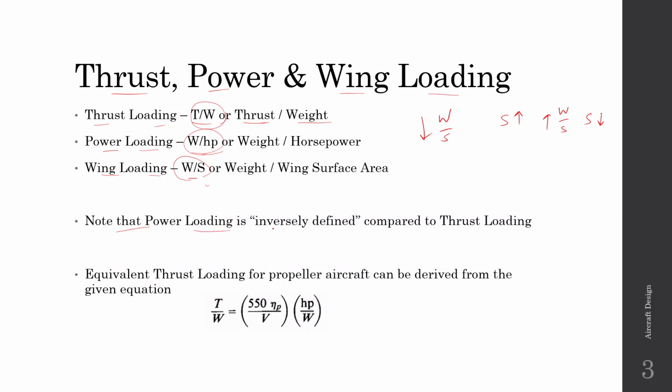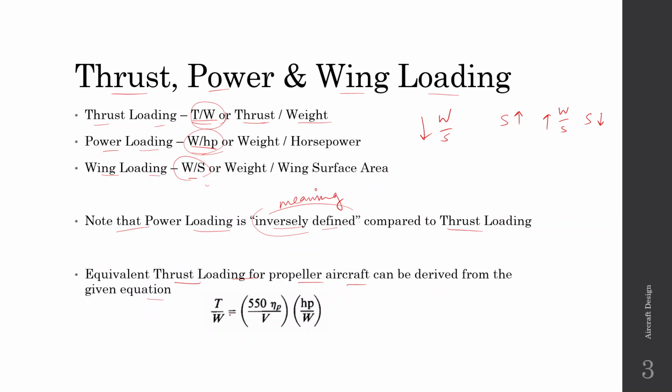Note that power loading is inversely defined compared to thrust loading. Meaning-wise it is inverse, because thrust loading is T by W, whereas power loading is W by HP. Then you can derive the equivalent thrust loading for a propeller aircraft.